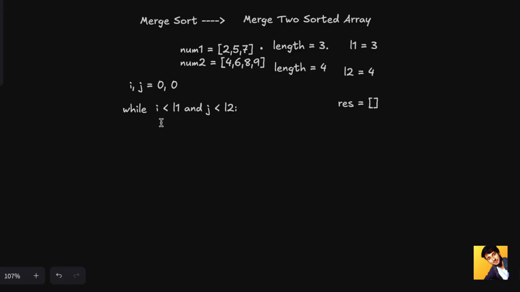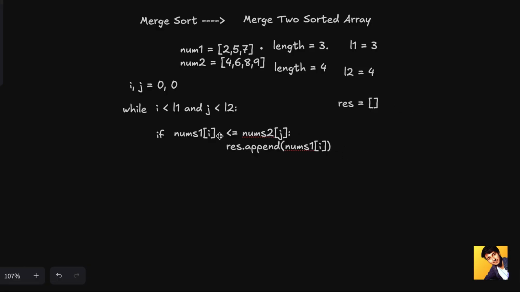Now we check: if nums1 of i is less than or equal to nums2 of j, then we can directly put this one in the result. Result dot append nums1 of i.